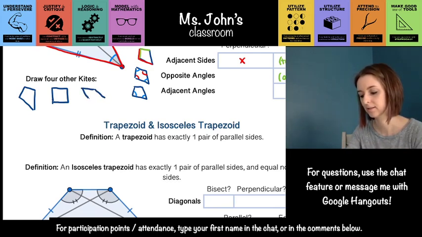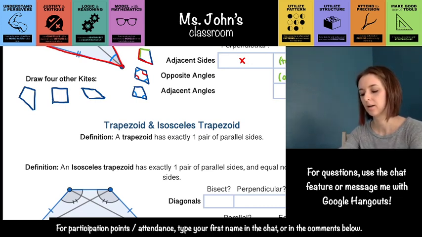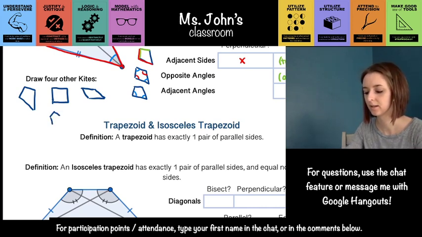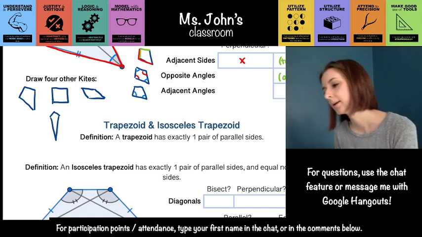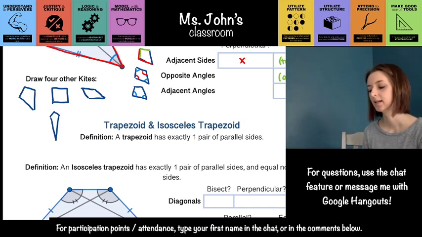Any kind of rhombus also counts as a kite. So that's weird. Here's a really stretched kite. Oh, that's four. Okay, we're good.